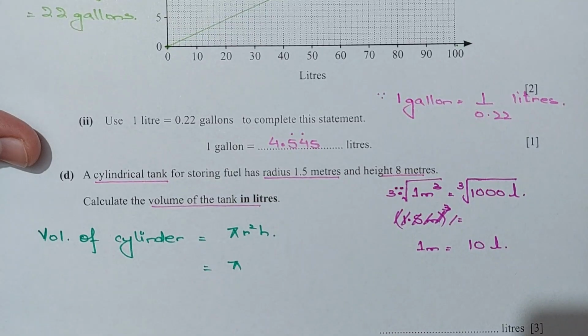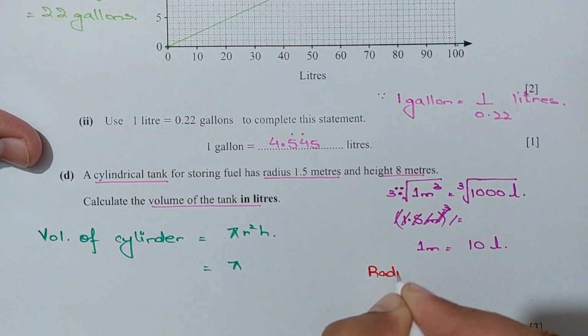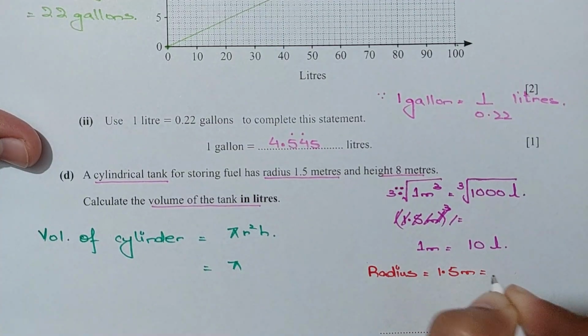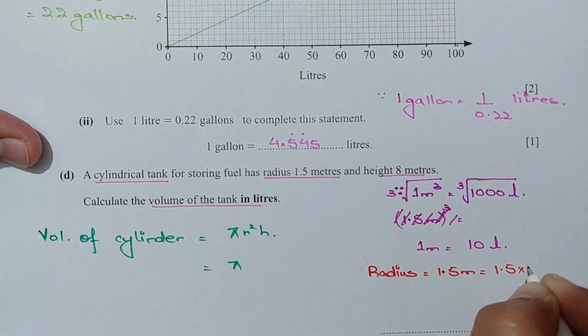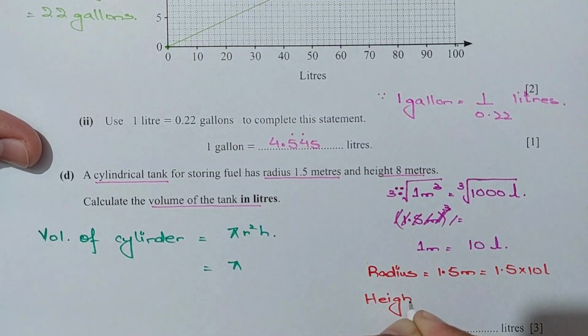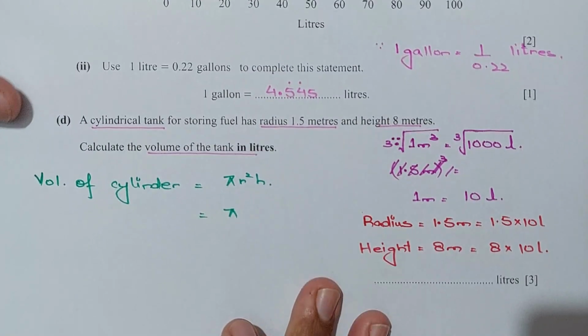Now let's find out the radius and the height. The radius is 1.5 meters, in terms of liters is 1.5 times 10 liters. And the height is 8 meters, converted into liters, 8 times 10 liters, right?